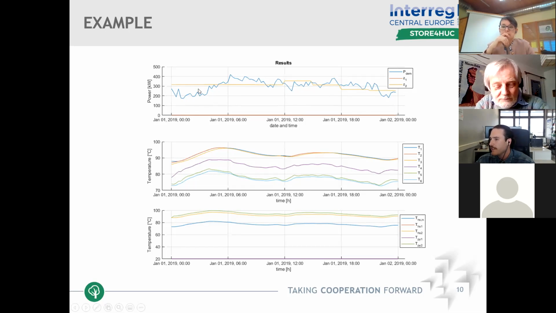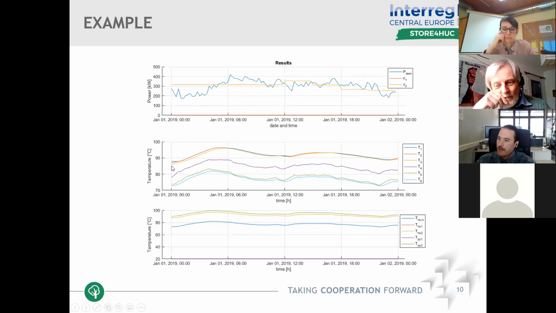For half of the day, it remains constant, which reflects in the temperatures that go up and down. But this is what gives us the flexibility to run the boilers constantly.